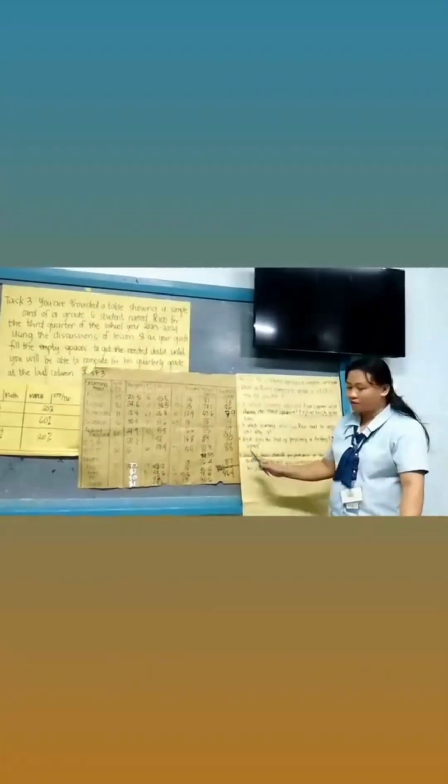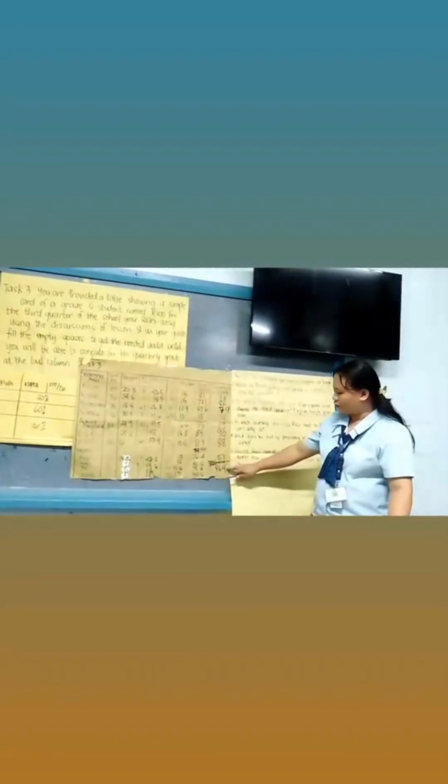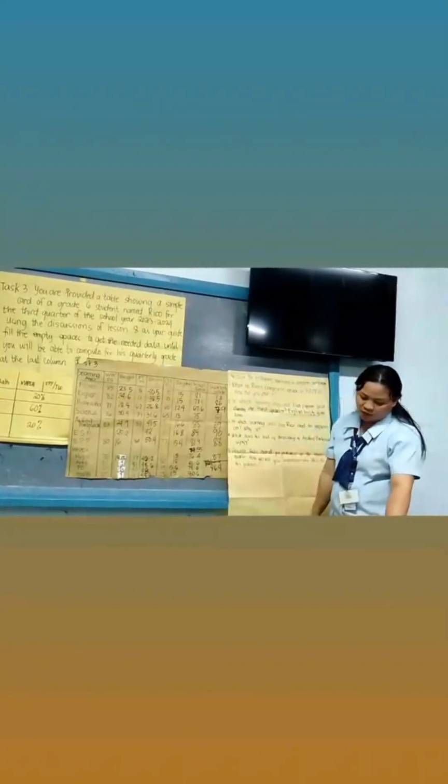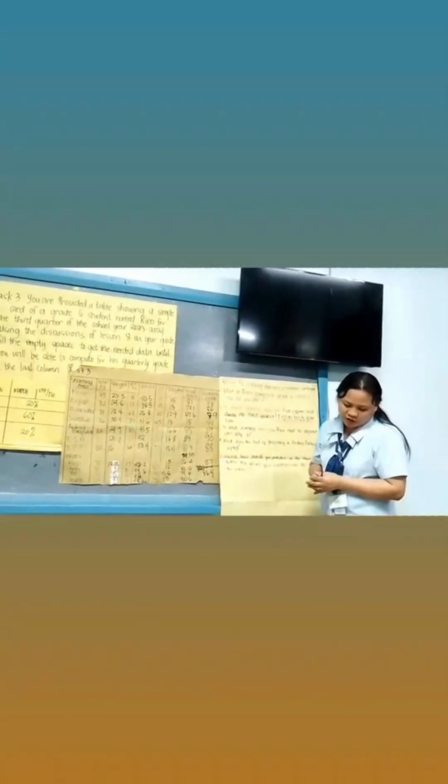The question here is: describe Rico's overall performance in the third quarter and how would you communicate this to his parents? Rico demonstrated a strong academic performance with a total average of 86.4. He showed a good performance during this quarter.